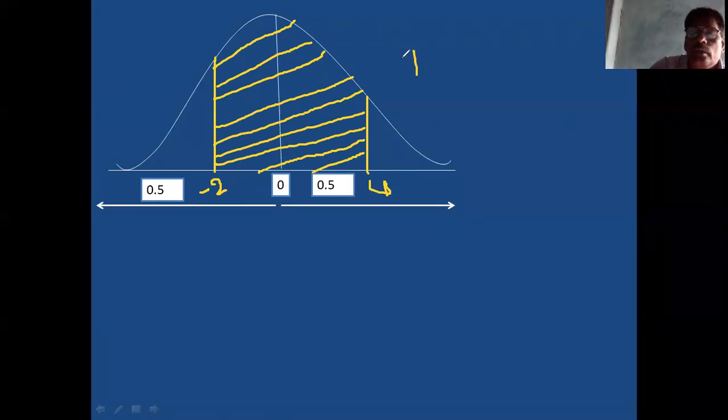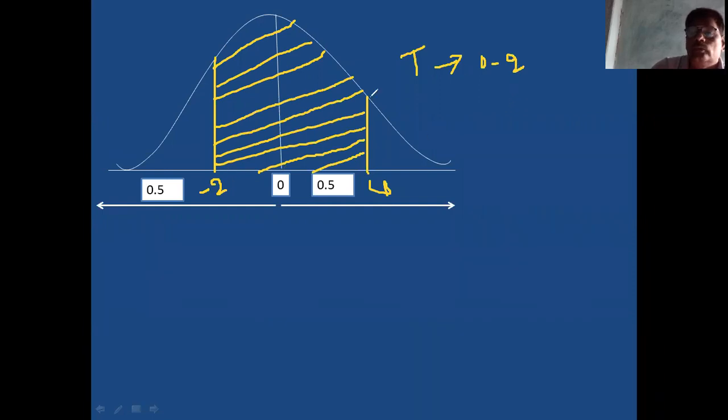You go to the table and see the area between 0 to -2. You go to the table, -2 value. You see the 2 value. -2 and 2 are the same. Remember this.